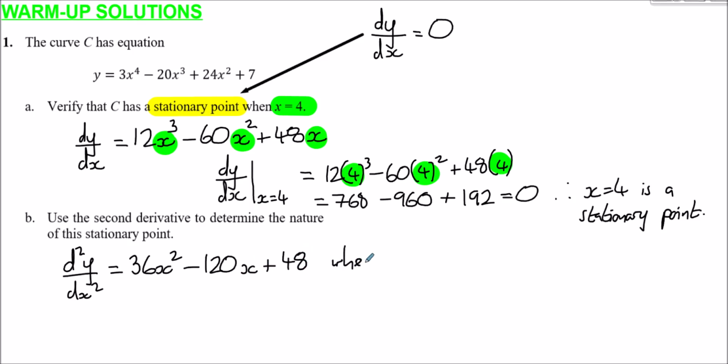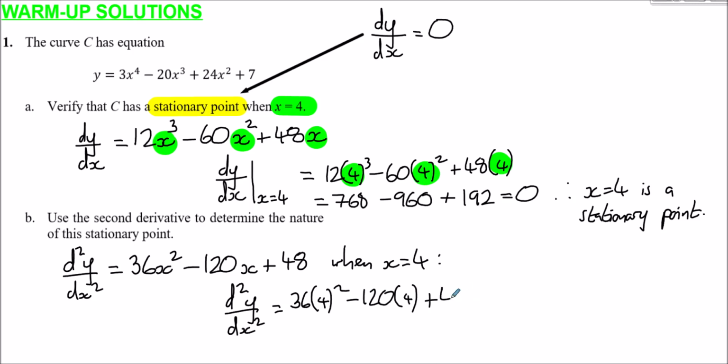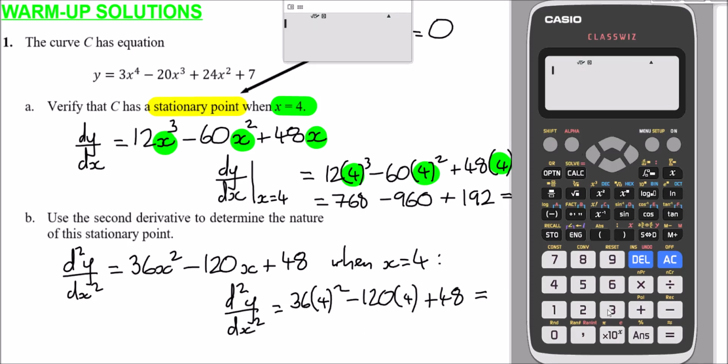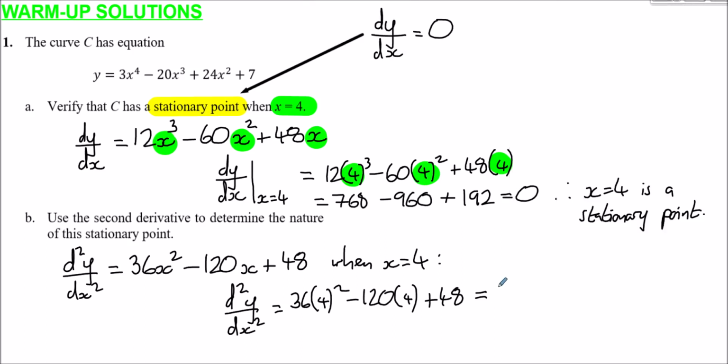So when x is 4, d squared y over dx squared gives us 36 multiplied by 4 squared minus 120 times 4 plus 48. So let's see what this is going to give. So 36 times 4 squared minus 120 times 4, then plus 48. That gives us 144.